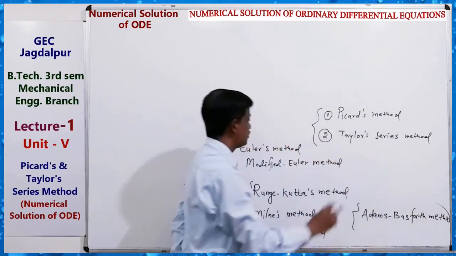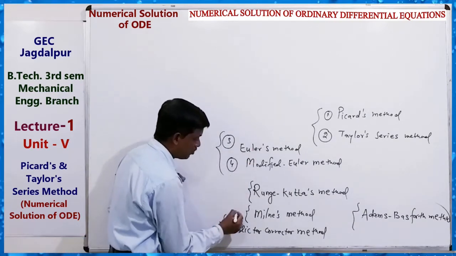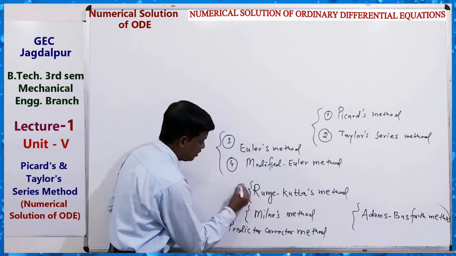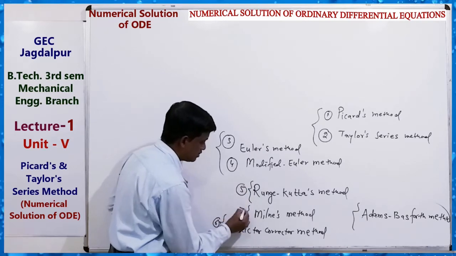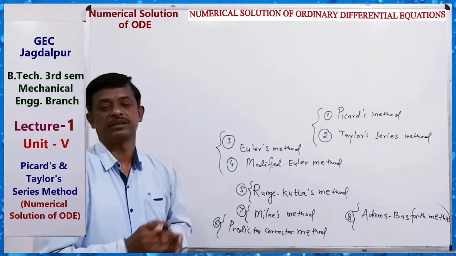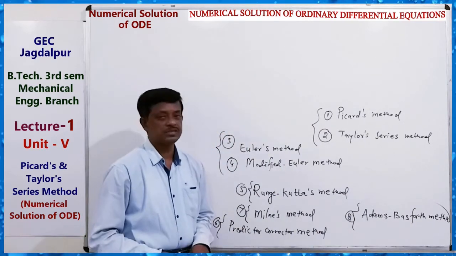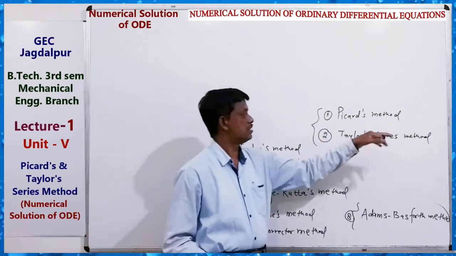Okay. So this type of methods are there. 1, 2, 3, 4, 5, 6, 7, and then 8. These methods we will study in this unit. Okay. So first of all, Picard's method and Taylor series method.